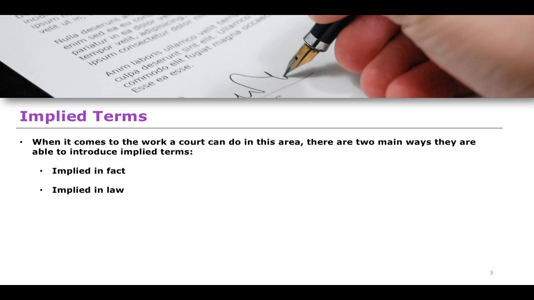We're going to focus firstly on the implication through fact in this lesson. We're also going to talk about a particular test that is applied in certain circumstances, known as the officious bystander test, in the next lesson, and then in the final lessons we will talk about the ways in which terms can be implied in law, and then finally finish on looking at the other ways in which terms can be implied, i.e. through the Consumer Rights Act.